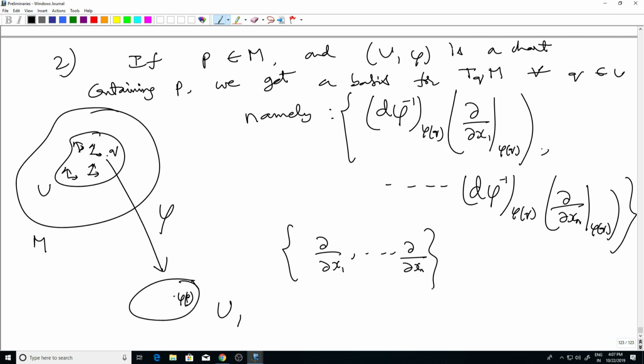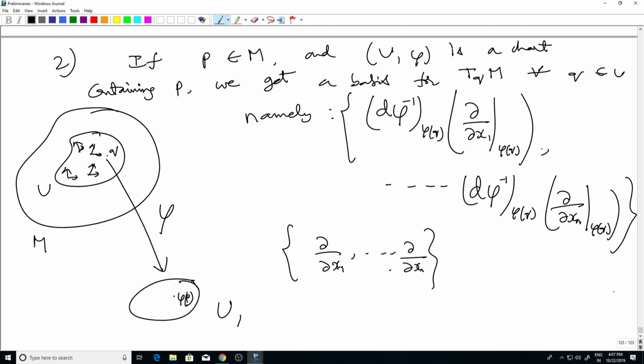Of course, one must keep in mind that these operators del by del xi are actually derivations defined on C infinity functions in Rn, not on the manifold, but it's cumbersome to write all this notation, so one just writes it like this.